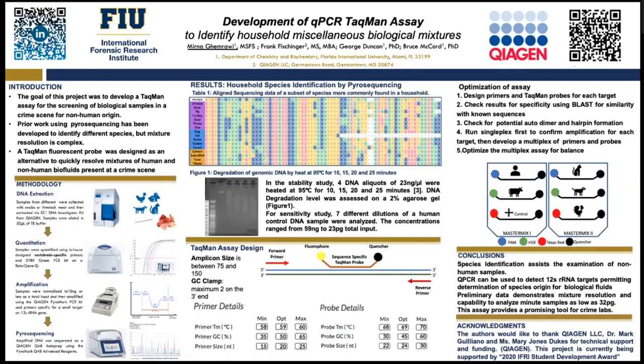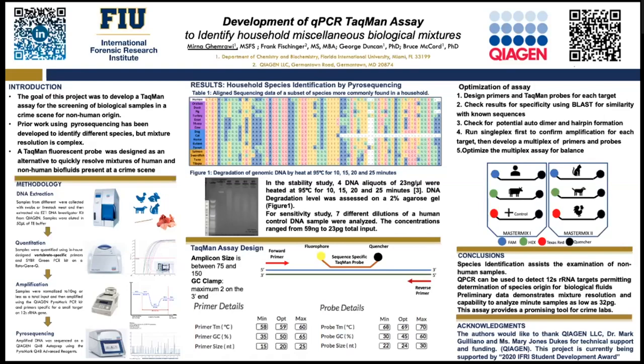Number two, especially for probes, it's always suggested to avoid any locations in the genome that have variations within the species of interest. So let's say I'm designing a cat probe.